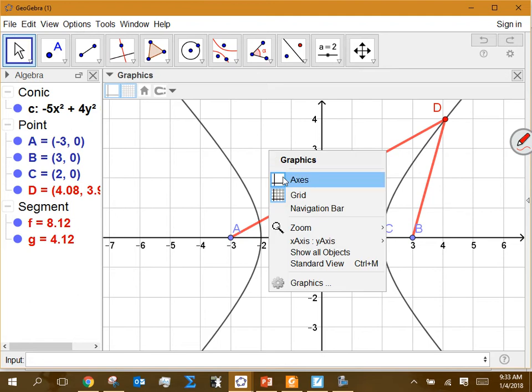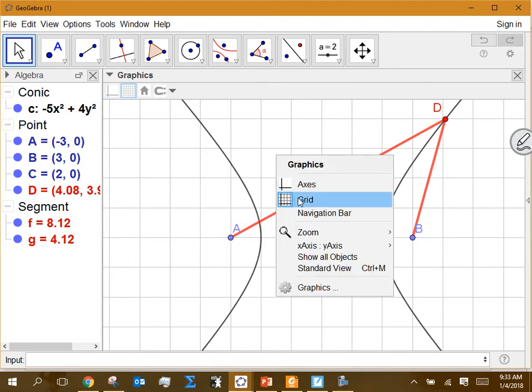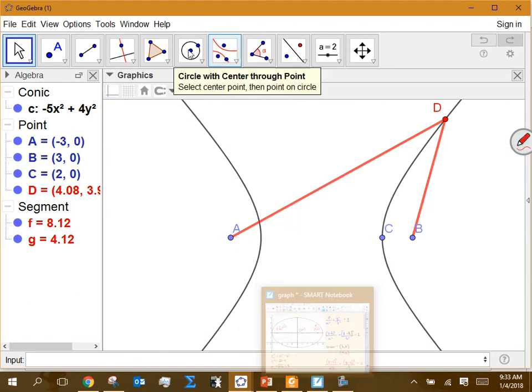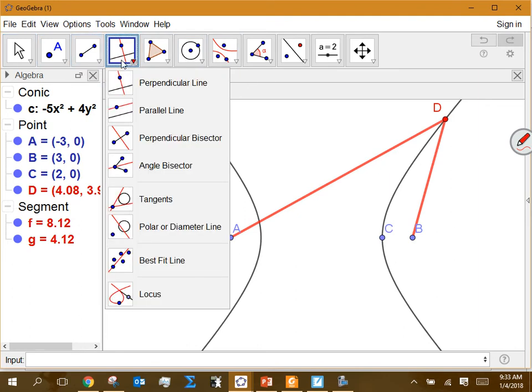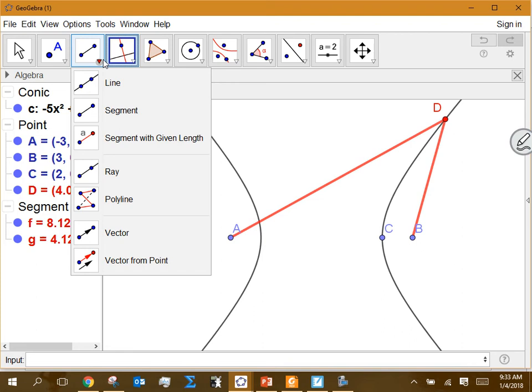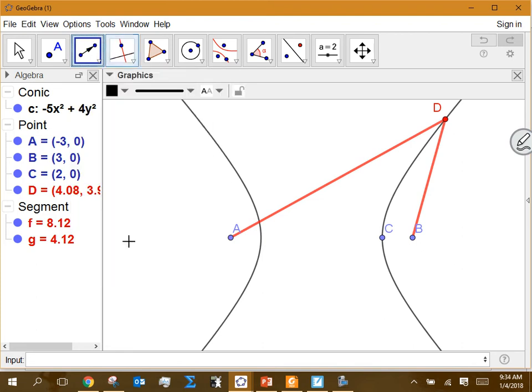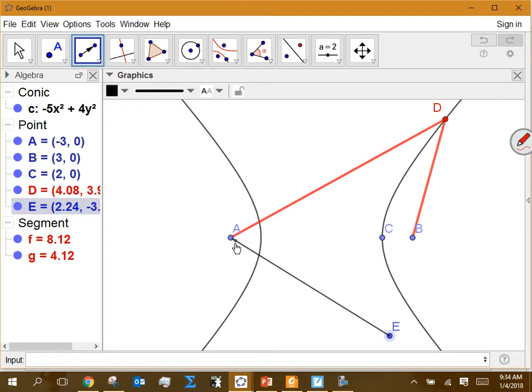What happens with a hyperbola, I'm just going to get rid of these axes, I'll get rid of my grid. If I take, let's just say, a beam of light, or a laser or whatever, and I focus that beam of light from anywhere I want to, I focus it on that focus right there.